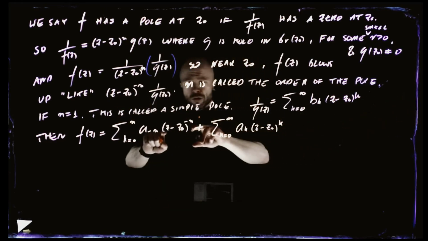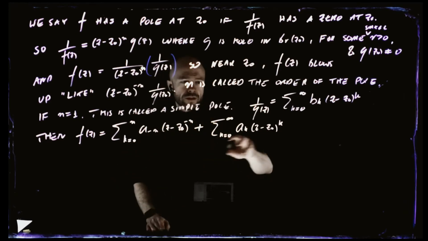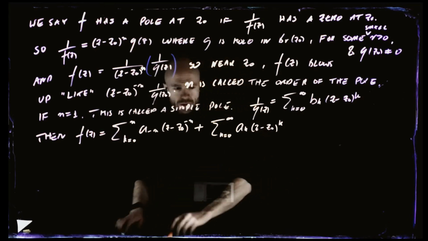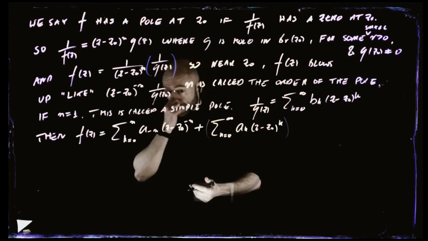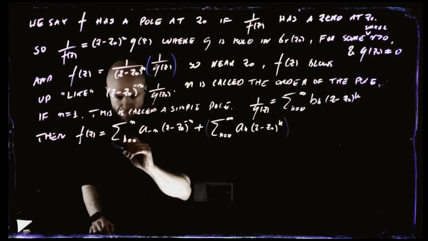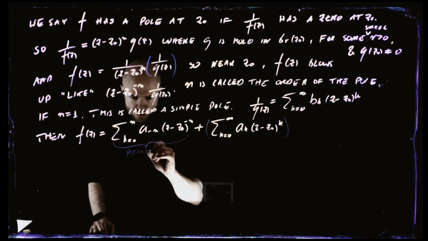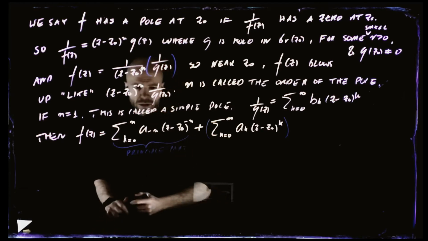And then this part will be all the part where we have negative powers of z minus z0, yeah? And then this part is everything else, yeah? So this part right here is perfectly nice. This thing is holomorphic. This part is what we call the principal part. And this is the part where the singularities occur.